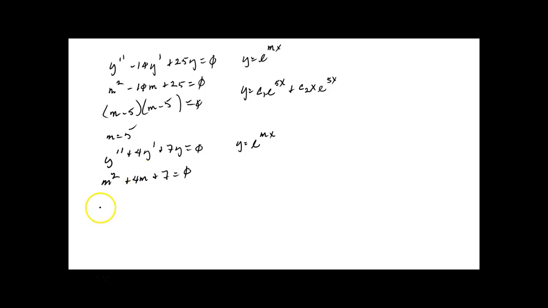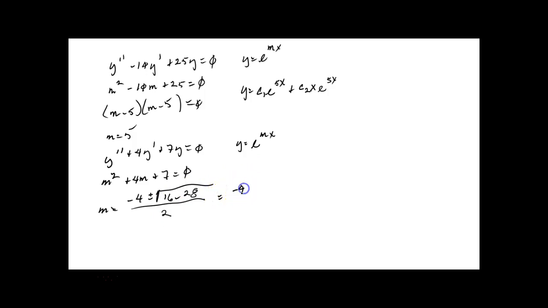How does that go? m is equal to minus 4 plus or minus the square root of 16 minus 28, over 2. Oh, yuck.